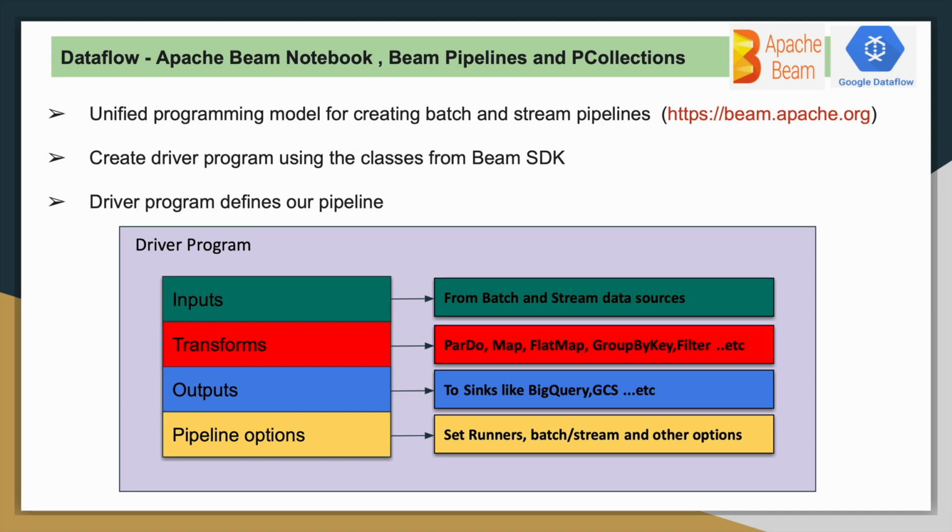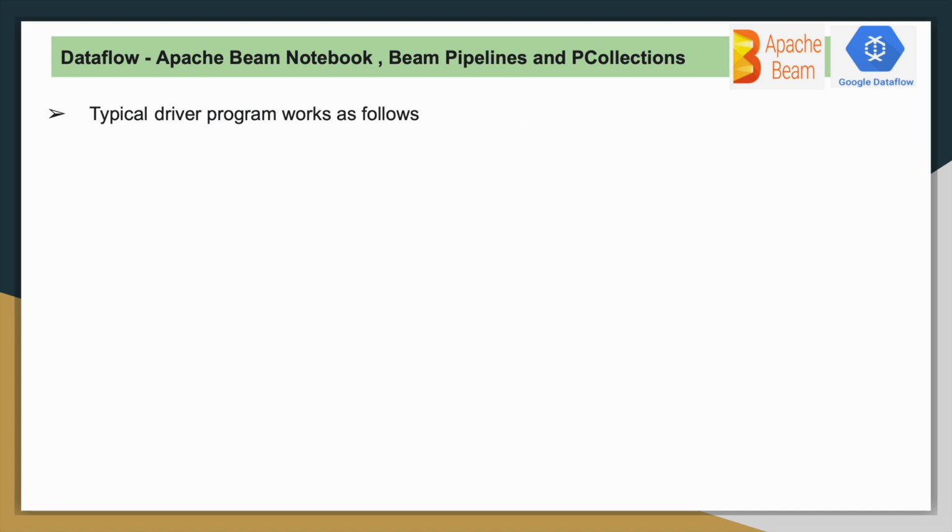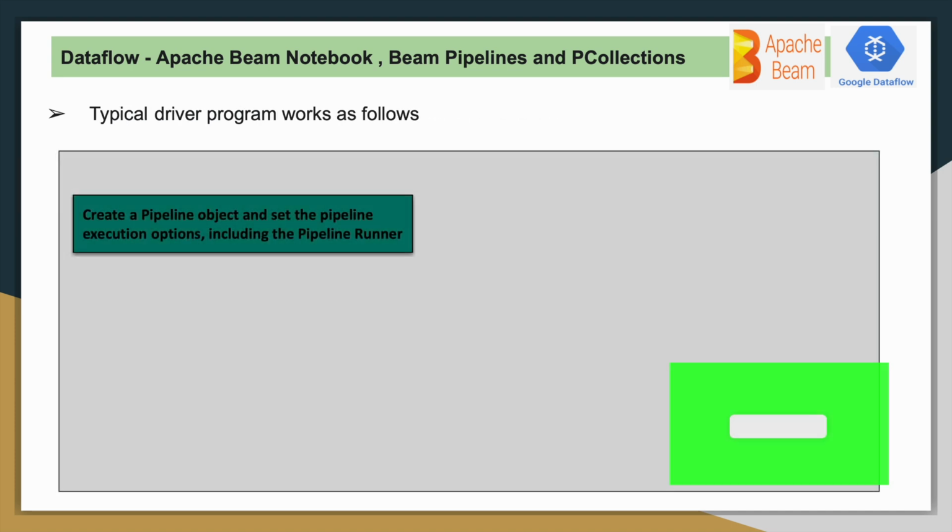The next thing is, what are the different steps the driver program follows to execute our pipeline. First of all, as I already told, we'll create a pipeline object, because the Beam SDK provides different abstractions like Beam pipeline, PCollection, PTransformation.